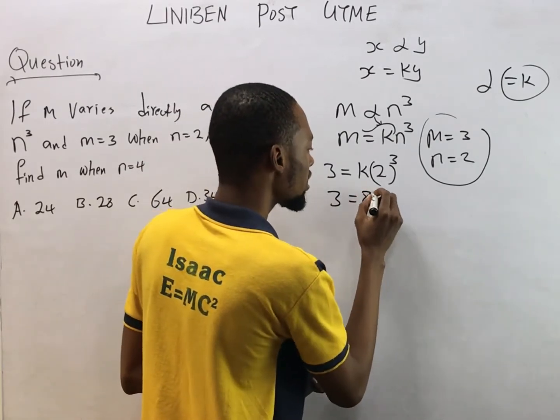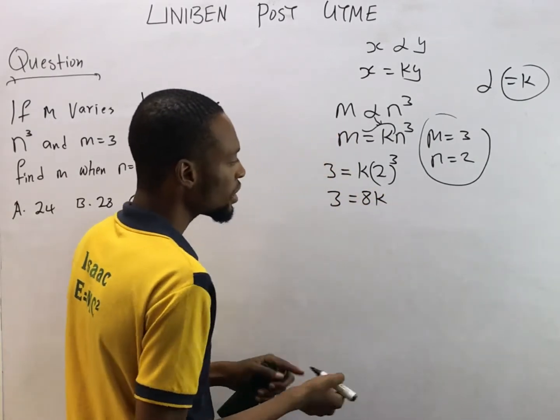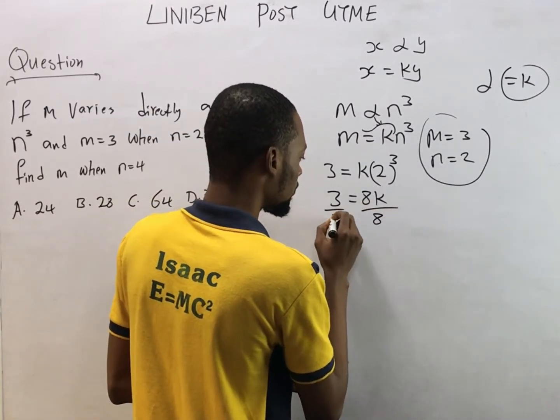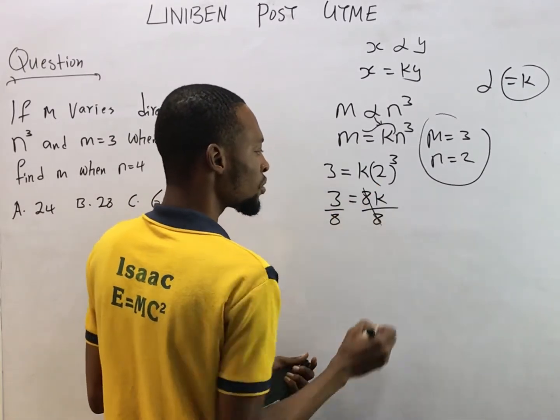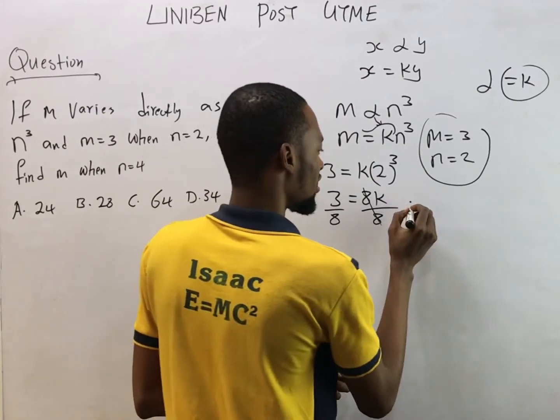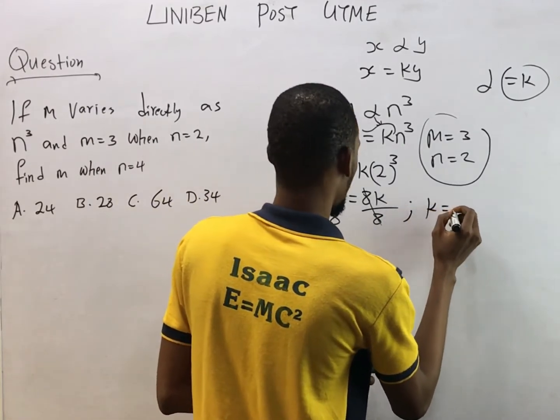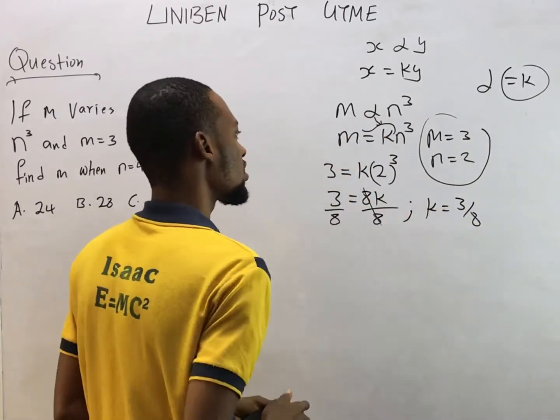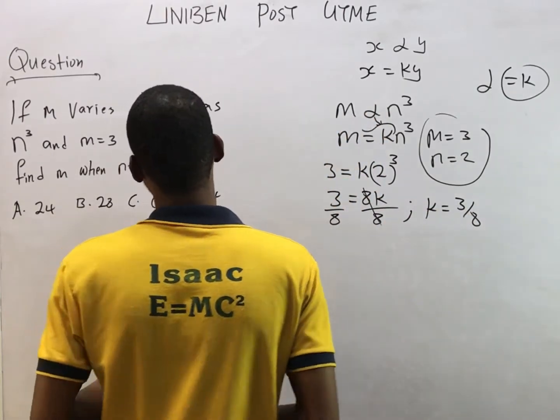So this is 8K. Making K the subject, we divide both sides by 8 to ensure that this one goes. So K becomes 3 over 8. We found the constant. Now let's go to the question.